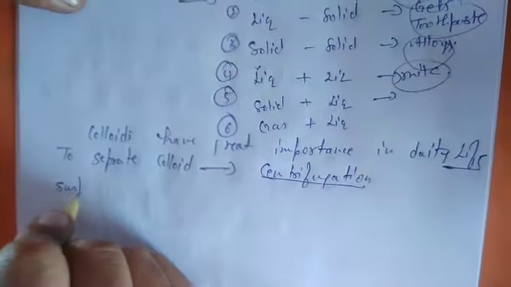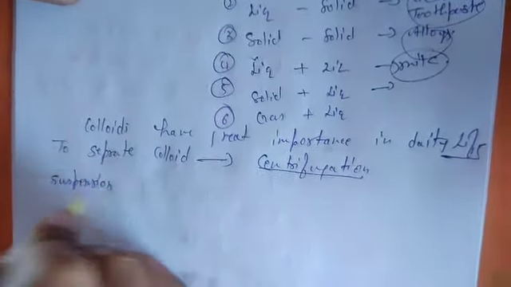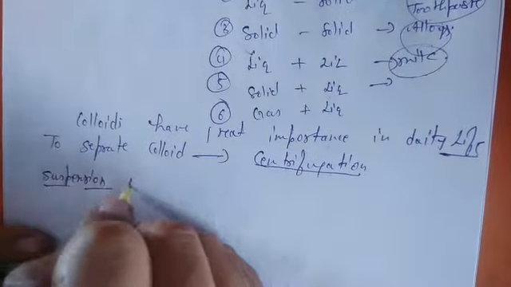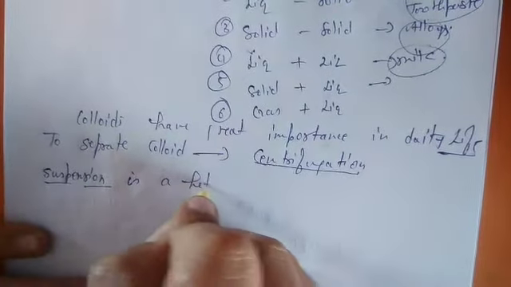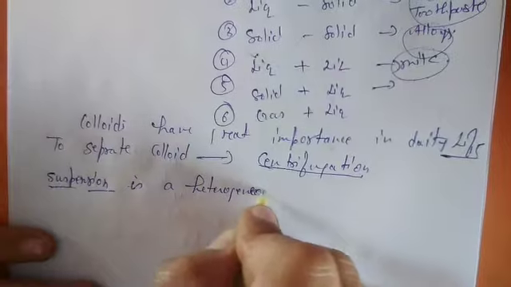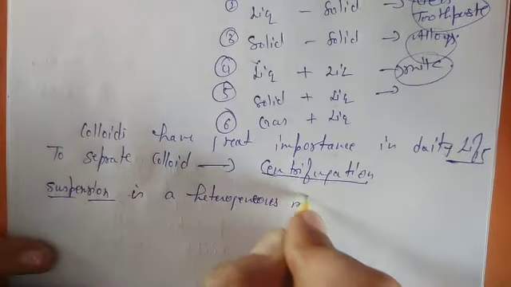Now, suspension. What is a suspension? A suspension is a heterogeneous mixture, the first thing, like colloids.